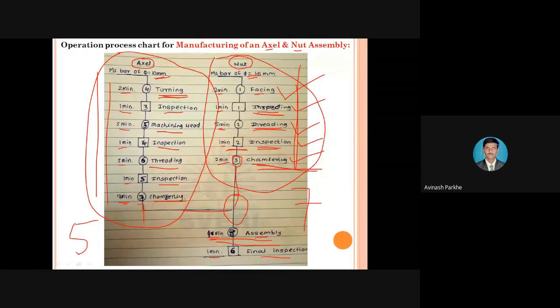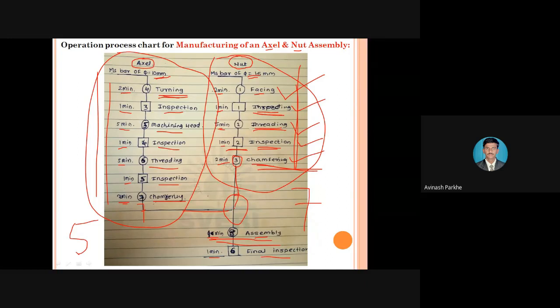So through this chart, you will get the overall picture of the manufacturing of the axle and nut. In addition to that, you will get the sequence of operation. Sequence of operation means initially we have manufactured the nut, and for the nut you will get the sequence of operation. After the manufacturing of the nut, we have manufactured the axle.